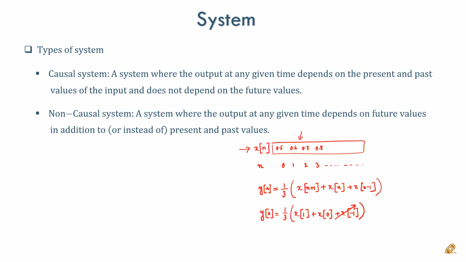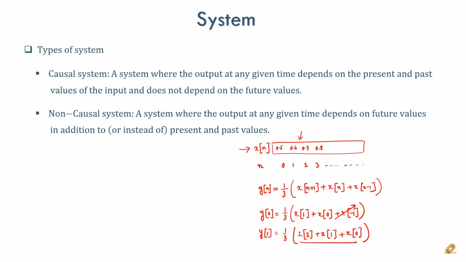These two I am averaging out. So y[1] will be nothing but 1/3 of x[2], x[1], x[0]. So it is an average of 3 signal points.